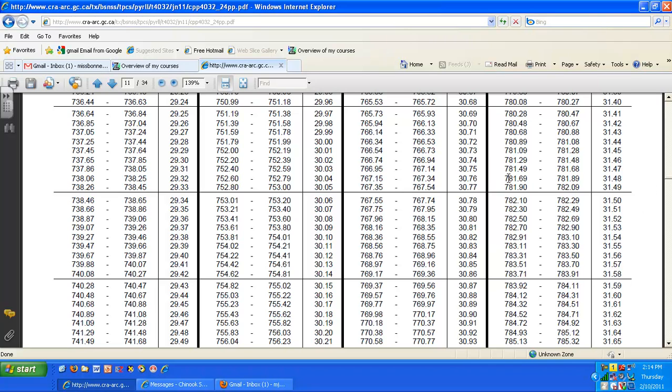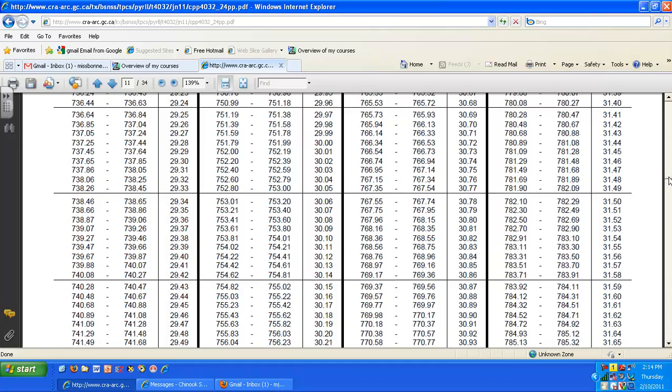Okay, and here we have $781.90 going to $782.09. And so what it's telling us is that we will pay $31.49 in Canada Pension premiums per pay period. Okay, so every time we get paid, we would pay $31.49.